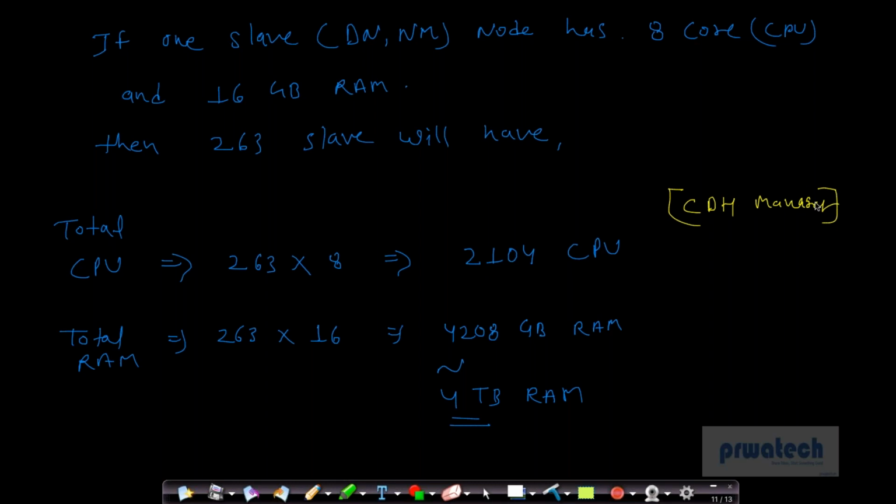Now, is this a standard, that one slave has 8 CPU, or it can vary? We can increase or decrease this number. It depends on which type of hardware we're using. There are two types of hardware: commodity hardware and enterprise hardware.